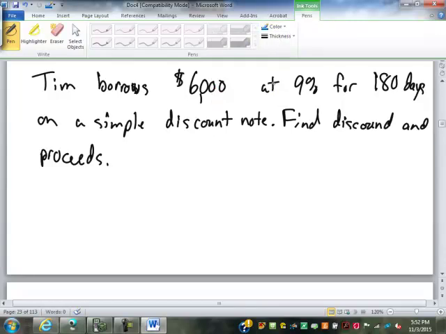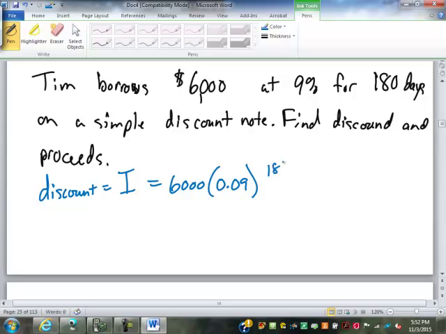So our discount, again, is just the amount of the interest. So the discount is equal to the I in our simple interest formula. So it would be the principal, $6,000, times our rate, 0.09 for 9%, and our time, 180. Again, it doesn't say exact, so we're going to assume ordinary over 360. Which, what is that, $270 in interest and discount?